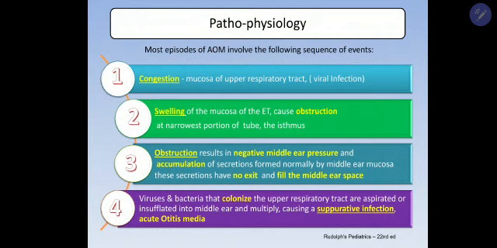And then the second thing is that the eustachian tube, which is usually considered the route of egress of infection, becomes edematous. So there will be swelling and the eustachian tube will become blocked. Then obviously once it is blocked, the air in the middle ear will be absorbed.